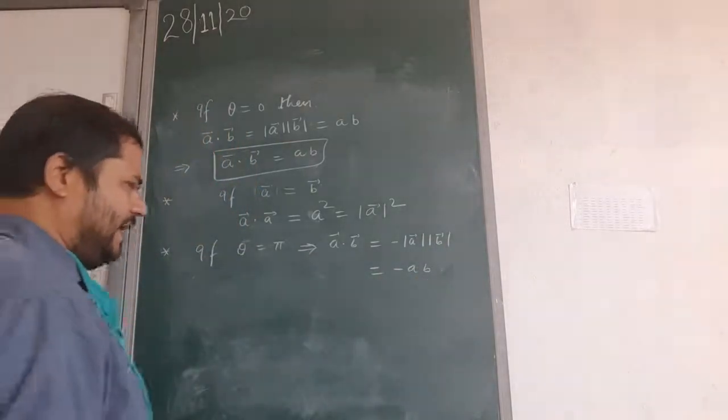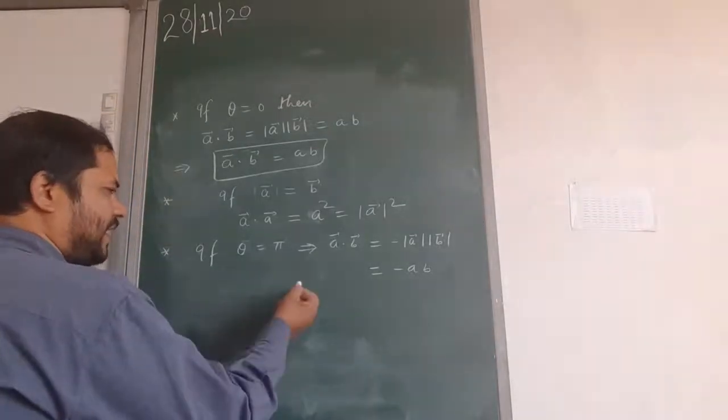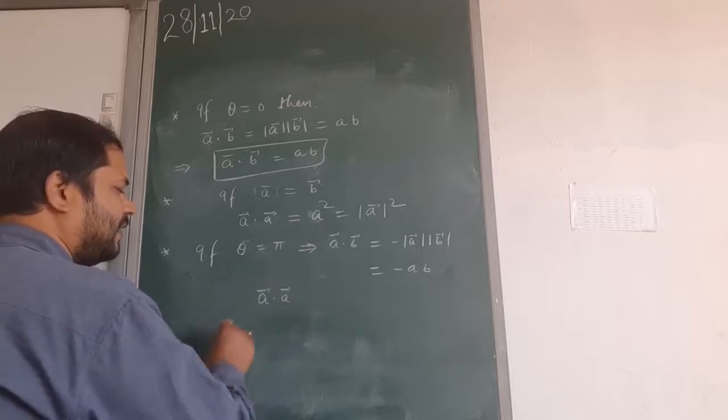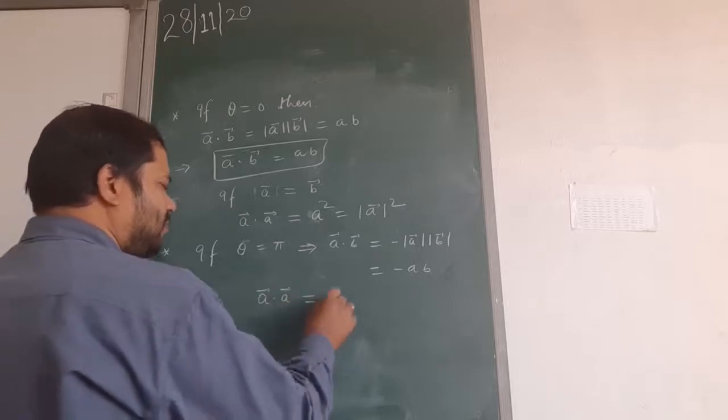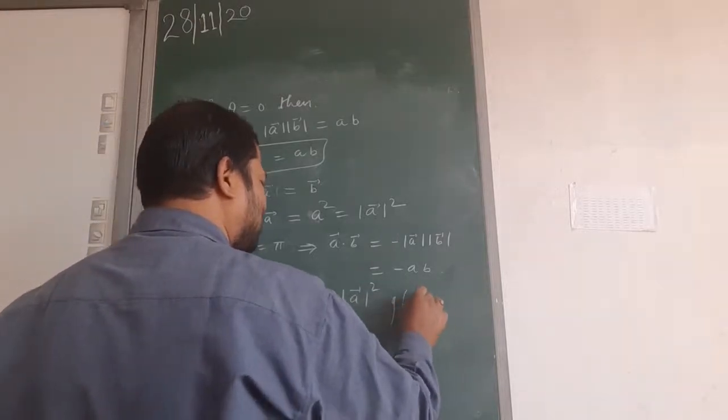And in this case, if you take A and B the same, then A dot A is equal to minus of mod A square if theta is equal to pi.